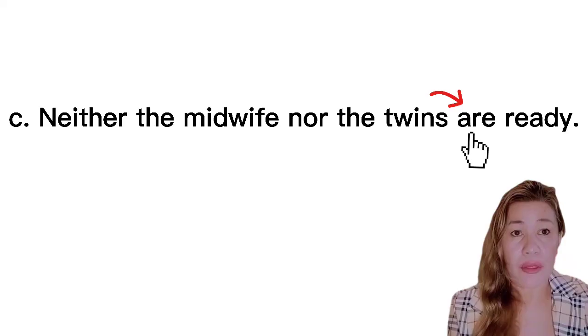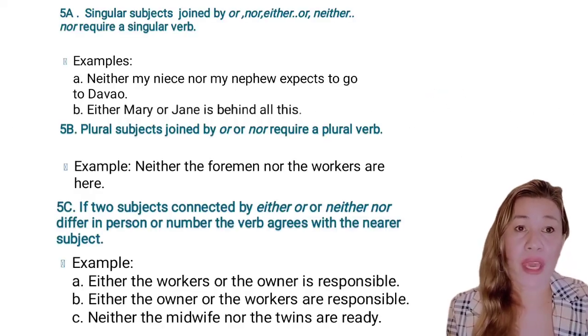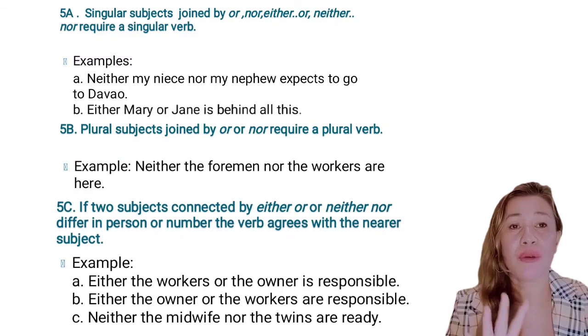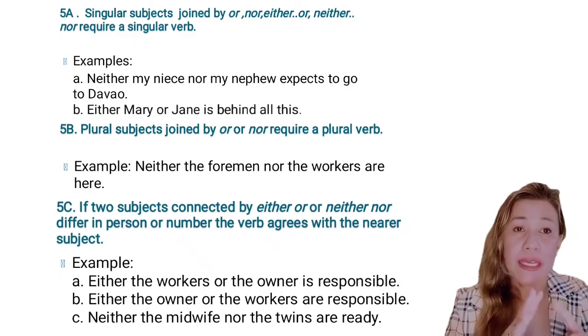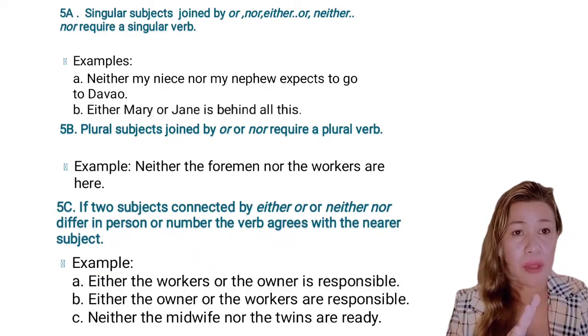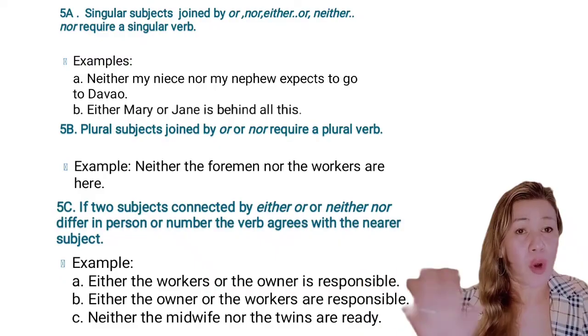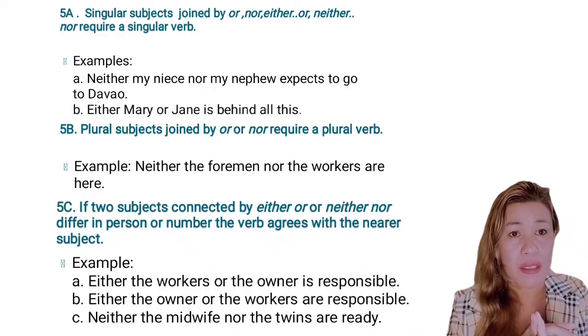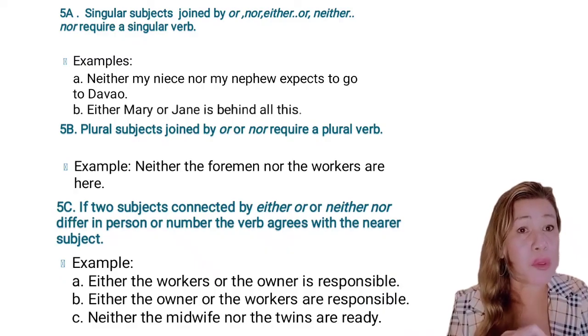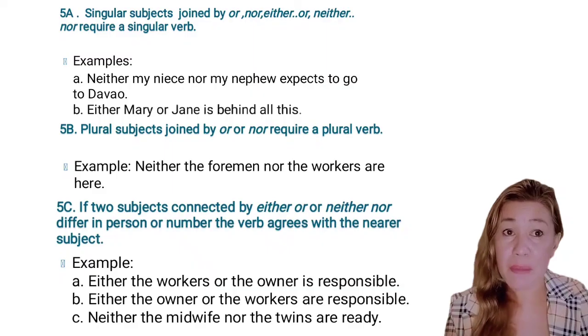Okay? So for rule number 5, we have 3. For rule number 5, remember that we will take note of the connectors or, nor, either or, neither nor. So when they connect all singular subjects, then you will be needing a singular verb. If they connect all plural subjects, then you will be needing a plural verb.